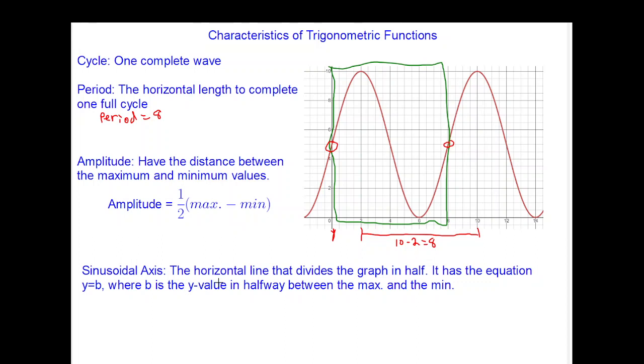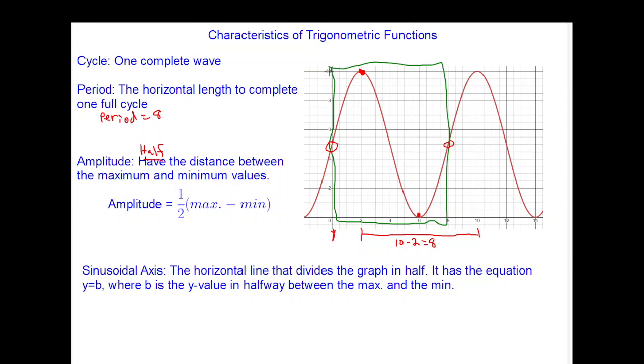The other piece of terminology that we should talk about is what we call the amplitude. So the amplitude is half the distance between the maximum and the minimum values. So if here is the maximum value, here is the minimum value, and we want to know what half of that distance is, we can do that by just subtracting the two values.